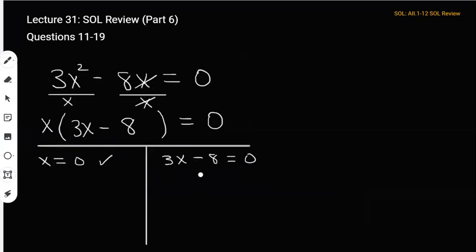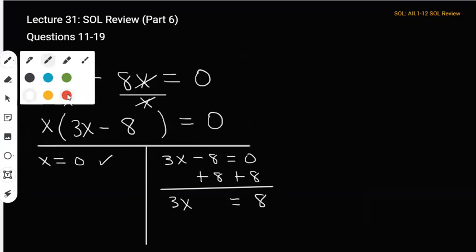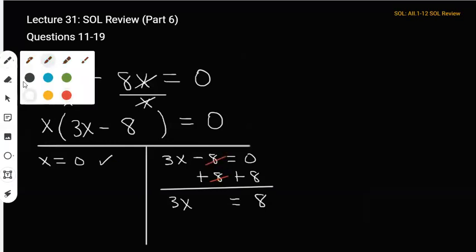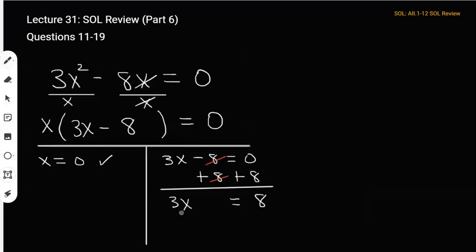And then from here, I can figure out what x is. So I'm going to get rid of the minus 8 by adding 8. When I do that, the 8's are going to cancel out. I'll get 3x is equal to 8. And then the last thing I need to do is divide both sides by 3.